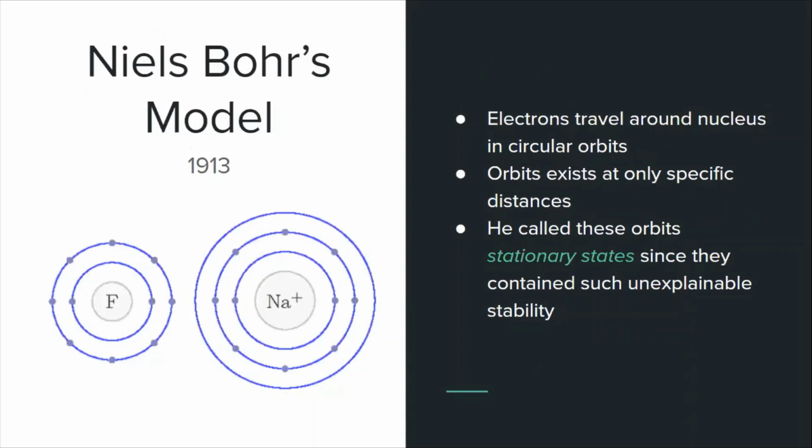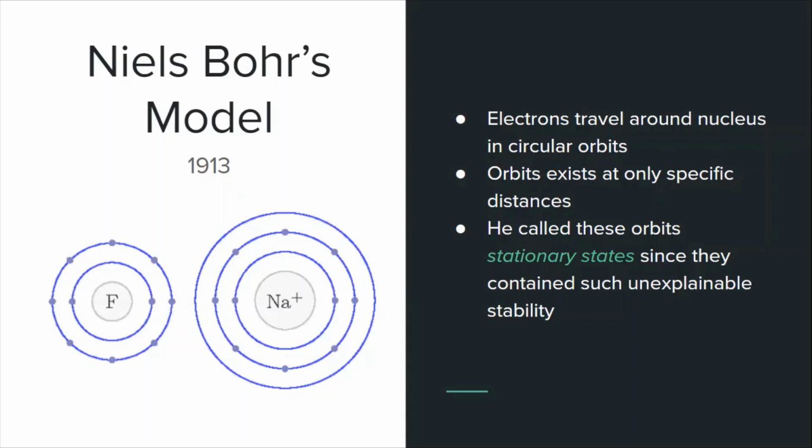In Niels Bohr's model in 1913, the idea of orbitals was created. So Bohr's model had electrons traveling around the nucleus in circular orbits. The orbits existed at only specific distances, so there were defined electron shells for each atom, and they had specific spots that were standard for every atom, and that didn't change.